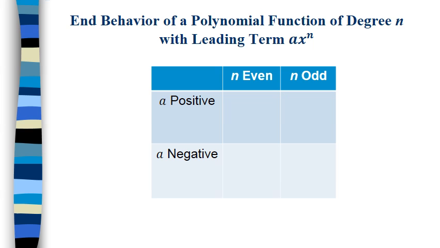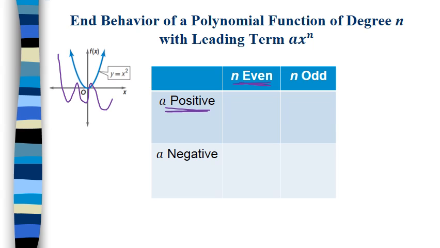Okay, next up, if we remember from Module 1, we talked about the end behavior of a function. And we talked about the fact that if a is positive and n is even, then we're going to get a function that looks something like this, or it could do all kinds of funky things. So as x approaches negative infinity, that means going that way, y is going to approach positive infinity.